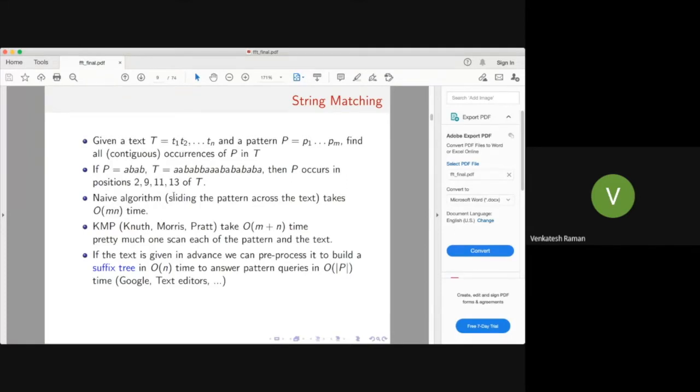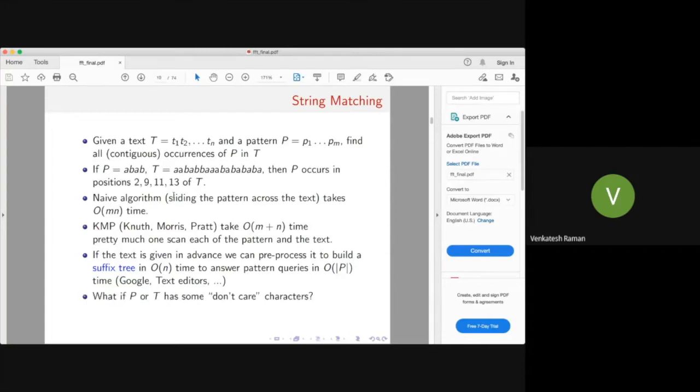When you are searching for a pattern in this Google database of tens of billions of websites, you don't want to spend time proportional to the length of the text, which is tens of billions of words, strings, characters. Instead, this can pre-process the text and answer your query in time proportional to the length of your pattern, which is very efficient.